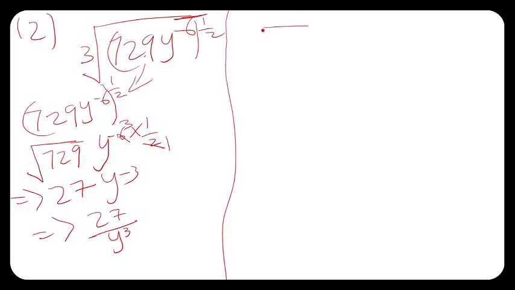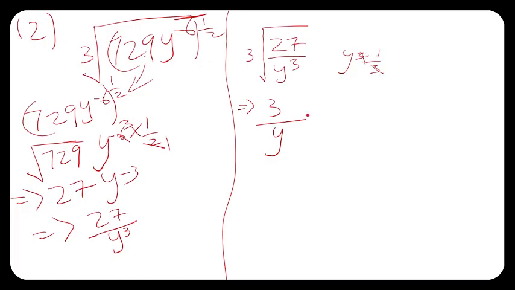So the next thing is for us to take the cube root of 27 over y cube. The cube root of 27 is what? 3. Right? 3 times 3, 9. 9 times 3, 27. The cube root of y cube is y, because when we do it like this, y is to power 3 times 1 over 3.